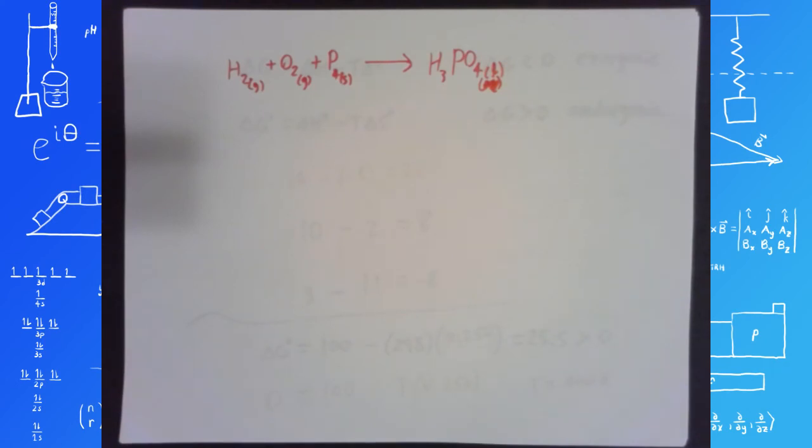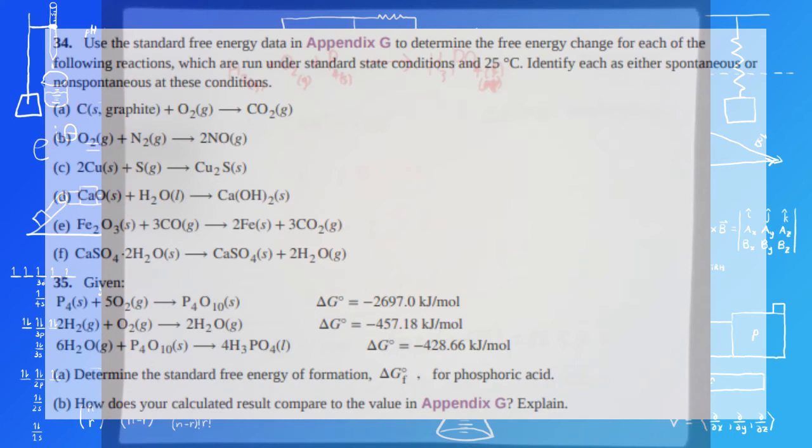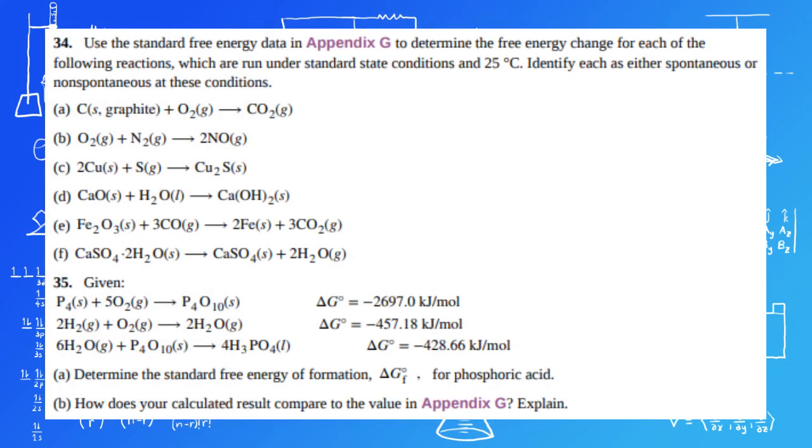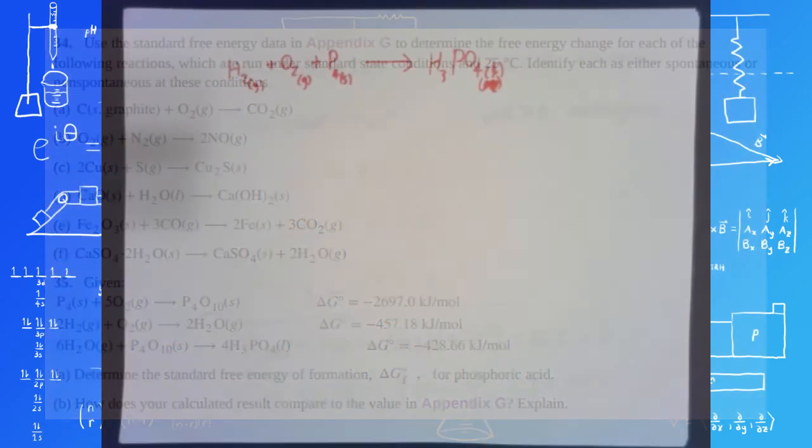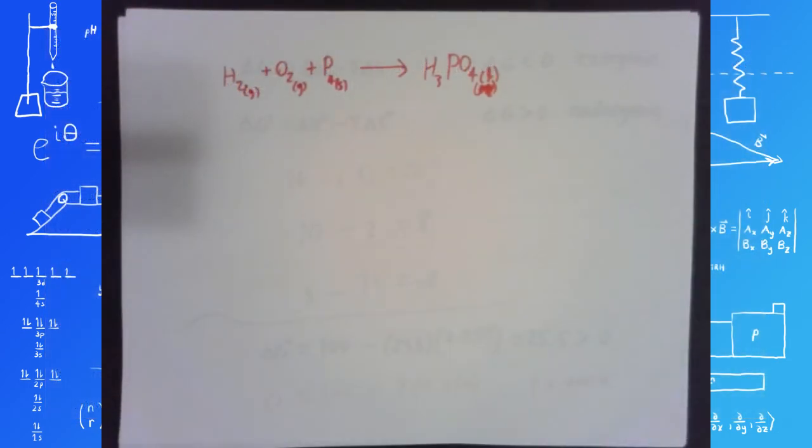Okay, and yeah, rearrange the 3 equations that they gave you until you get this. It's just applying Hess's law. If you multiply an equation, you multiply the delta G associated with that equation. If you flip an equation, then you take the negative of the delta G associated with that equation, and if you add 2 or more equations, then you add their delta G's.